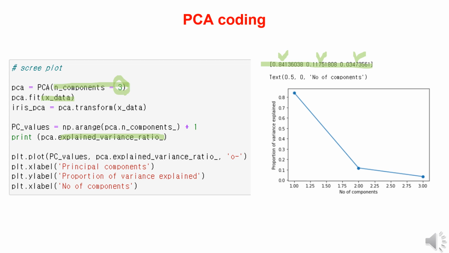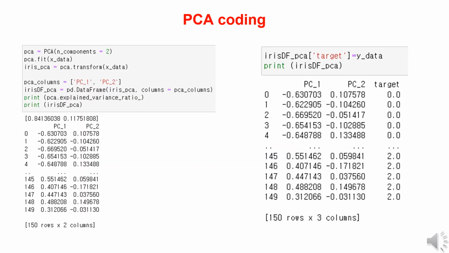Plotting these proportions with the corresponding principal components on the Y and X axes, respectively, we can obtain the scree plot like this. Furthermore, since the two principal components explain more than 95% of the total variance, we will select only these two components to plot the graph.